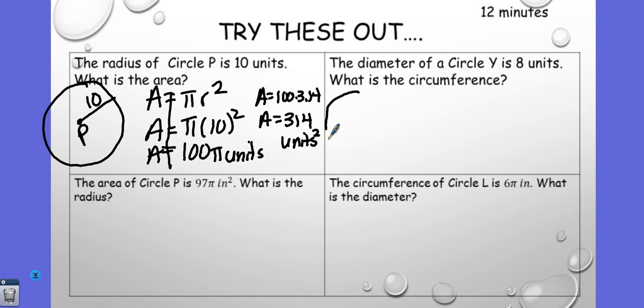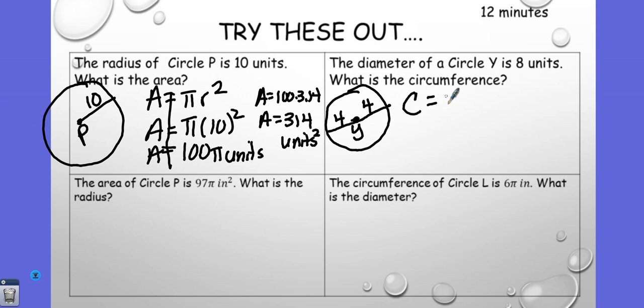All right, so now we have circle Y, and it says the diameter. Oh, I think I messed up on that other question. I'll go back in a second. The diameter is 8 units. And if the diameter is 8 units, that means the radius is 4, and this is 4, and it wants us to find the circumference.